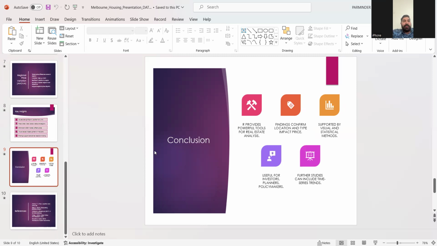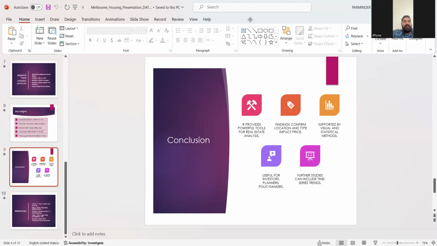In conclusion, this project demonstrated how R can be used effectively for real estate analysis, combining data cleaning, statistical testing, and visualization. The results confirm that location, property type, and proximity to the CBD are key drivers of housing prices in Melbourne.